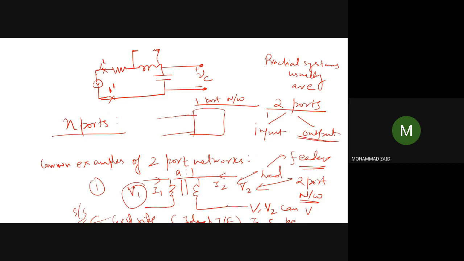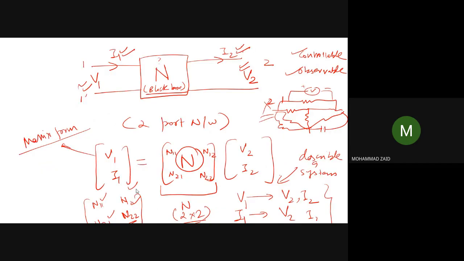Okay, so just to review, we have discussed that any port can be characterized by two basic quantities, that is V1 and I1, and V2 and I2. Now, the relationship between V1 and I1 and V2 and I2 will give us different parameters.